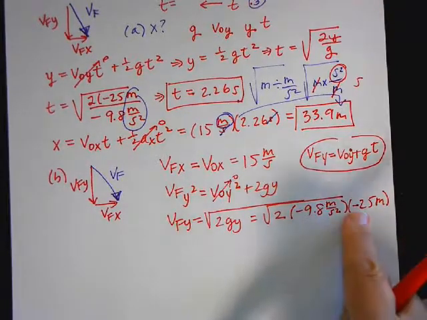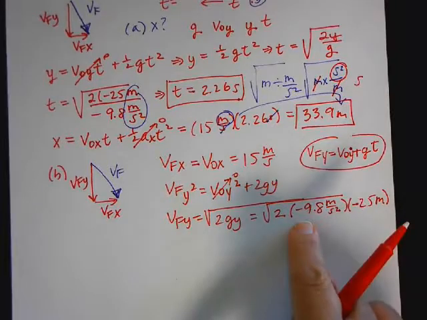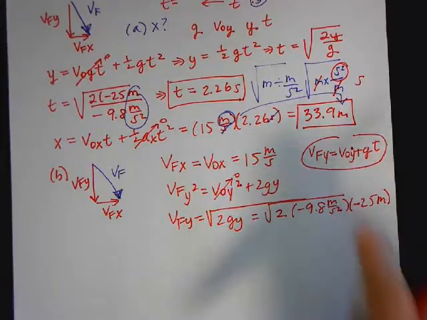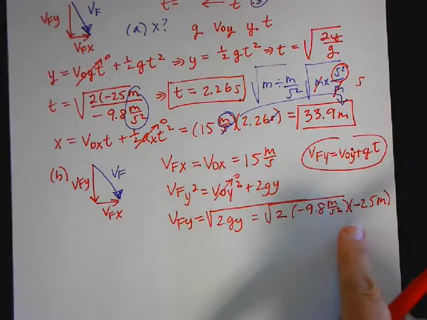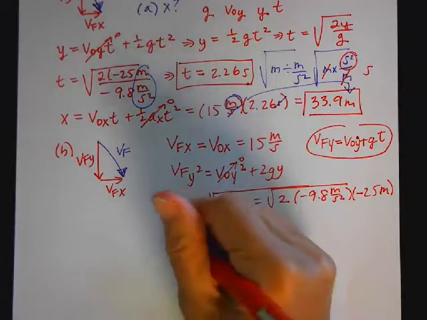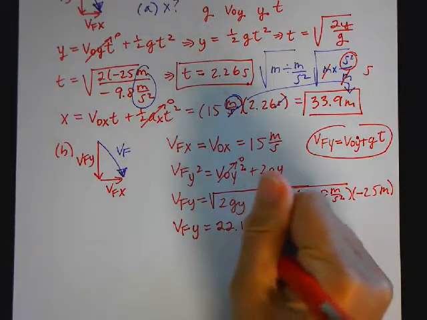The two negatives under the radical, a negative times a negative is a positive, so I have a positive underneath the radical, which I want. And then I have meter squared over second squared, so when I take the square root of the number, I take the square root of the unit, and I end up with meters per second, which is the correct unit for velocity. So v_fy comes out to be 22.1 meters per second.